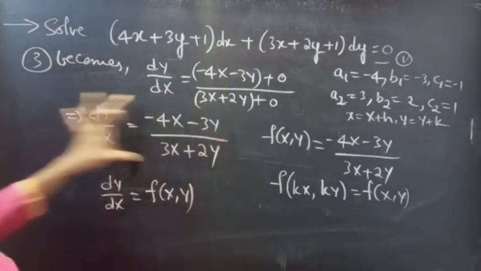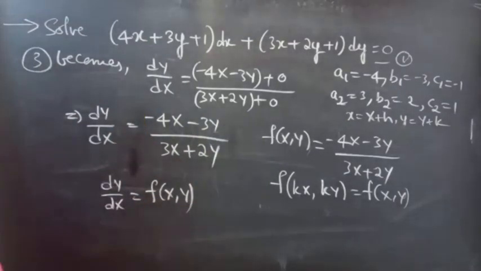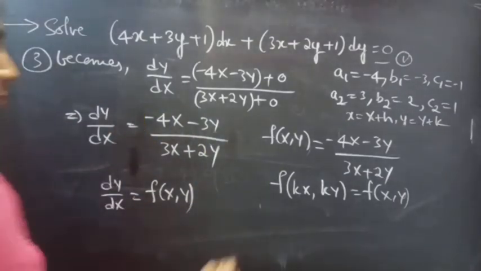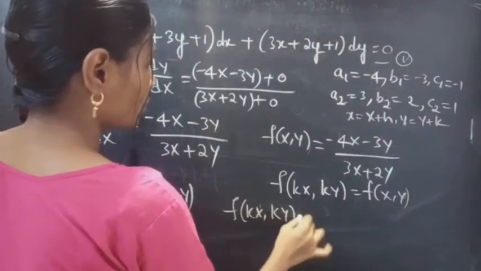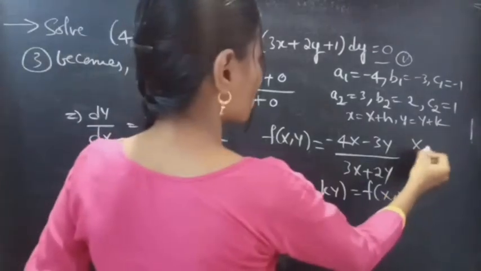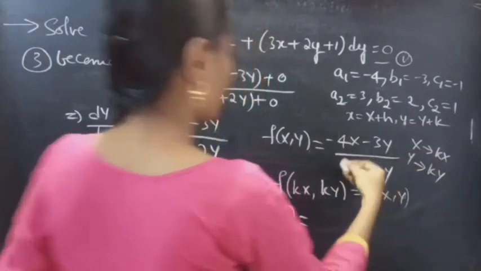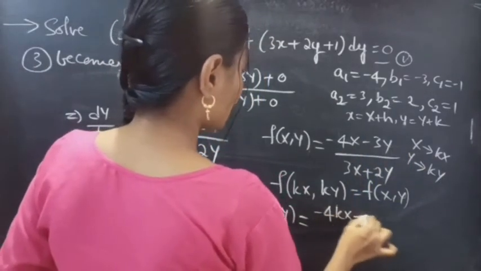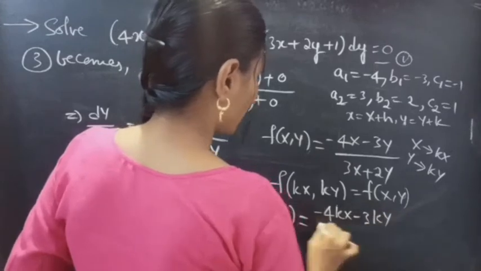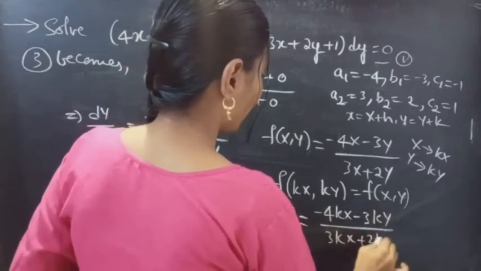Then we call the differential equation involving the homogeneous function a homogeneous differential equation. So let's check f of kx, ky, which equals, simply replace x by kx and y by ky in function of xy, then you get minus 4kx minus 3ky by 3kx plus 2ky, right?